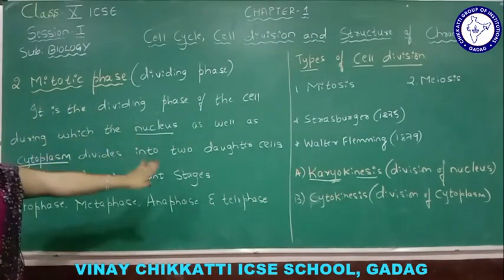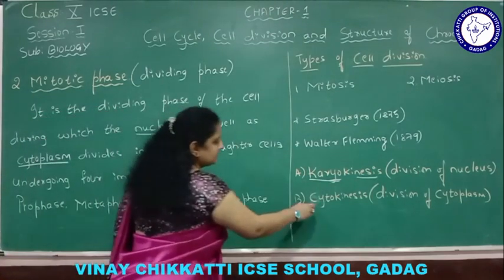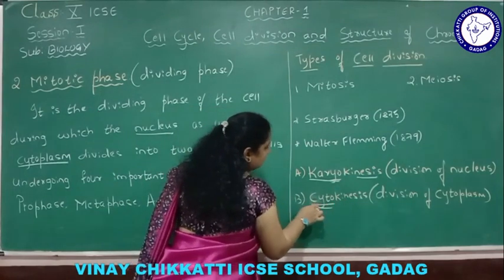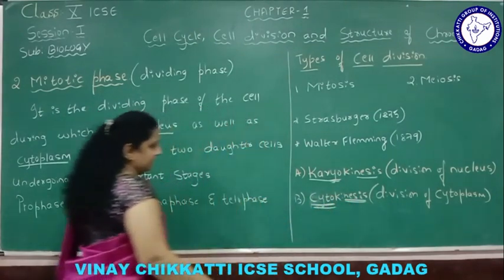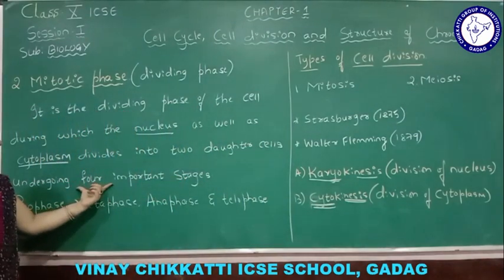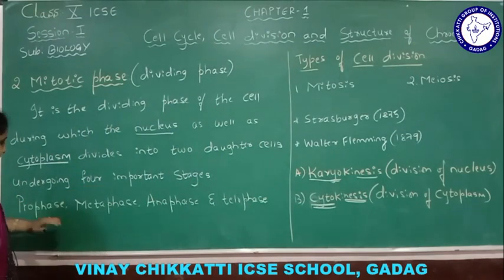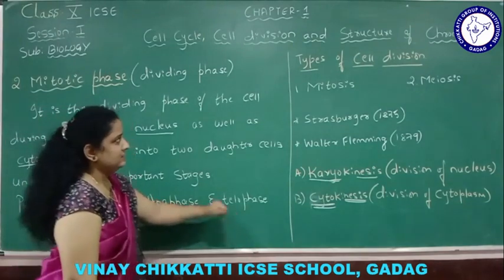Here the nucleus and cytoplasm divide. The division of cytoplasm is called cytokinesis. As I told you, cyto means cytoplasm, kinesis means to divide. By these 2 events, the cell undergoes division and produces 2 daughter cells, through prophase, metaphase, anaphase and telophase.